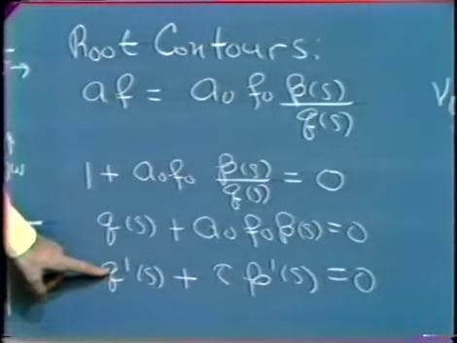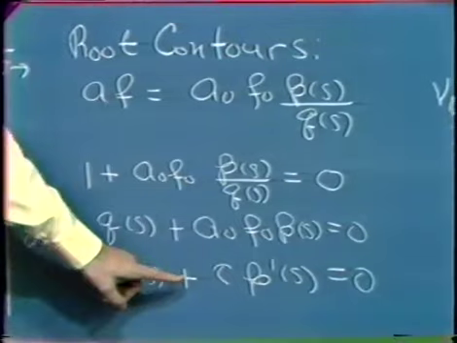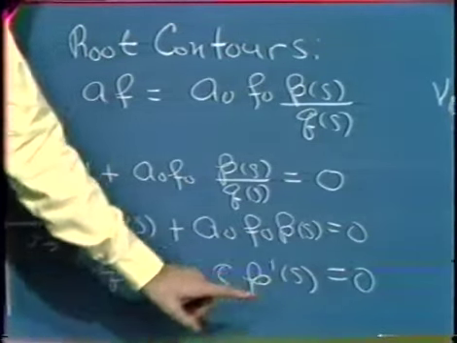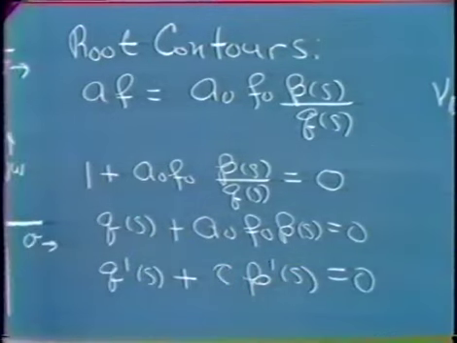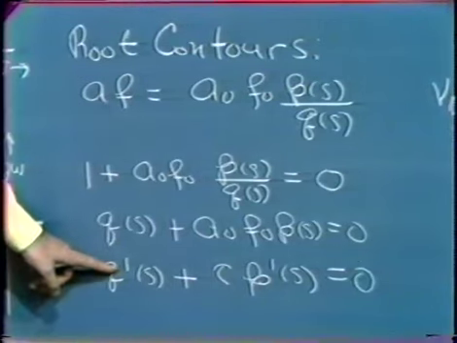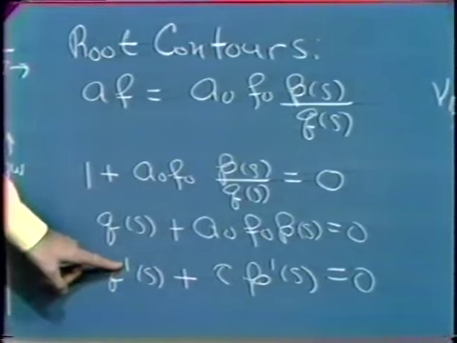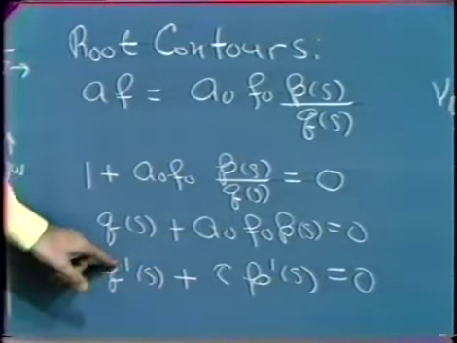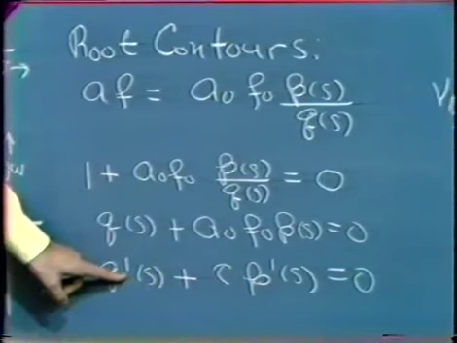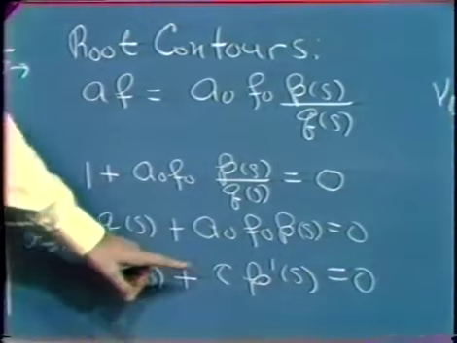We can have some q prime of s plus tau times p prime of s. In this development, I'm assuming that tau is the quantity that we're going to vary. So when we write the characteristic equation, we find certain terms in the characteristic equation that were not multiplied by tau. We'll simply collect those terms together and call the resultant polynomial q prime of s.